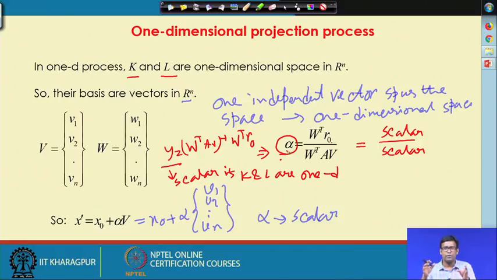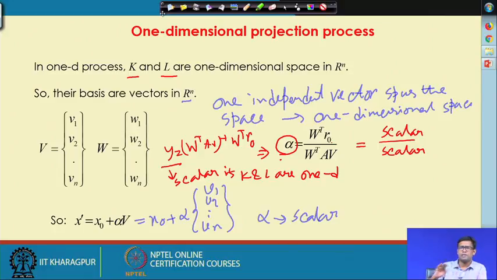L is also along a particular line and has a single basis vector, and that gives us that y, the update of x, will be a scalar multiplied by the basis vector along K. So, x tilde will be x 0 plus alpha v, and this alpha comes out as W transpose R 0 by W transpose A v. Now, with the choice of W and V, I can get different values of alpha and define different iterative processes. That is the beauty of this method.